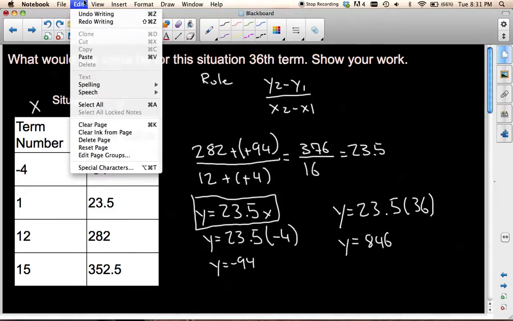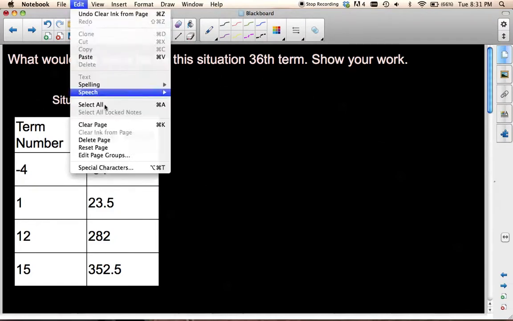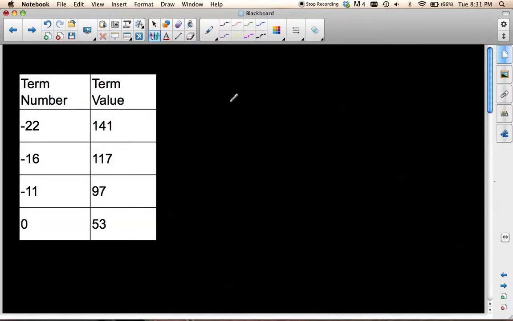But let's clear everything from this page for a minute, and we'll do the same thing with a different table, using the same rule. y2 minus y1, same formula, over x2 minus x1. We pick a number on our y-axis. This is still x and this is still y.